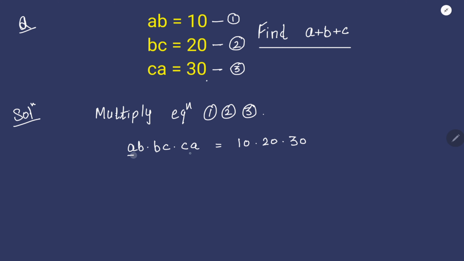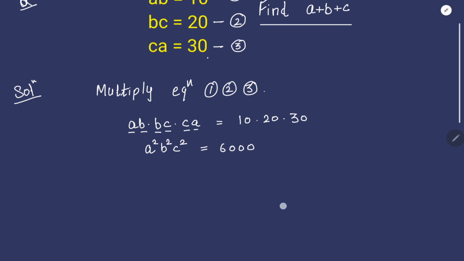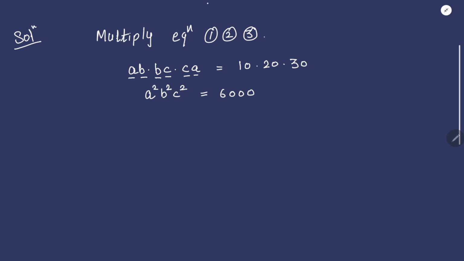So what will I get now? Here we have A and A, it will become A square, B and B will become B square, C and C will become C square. And on the right hand side I have 2 3s are 6 and 3 zeros, 6,000, right? So what will I do after this?